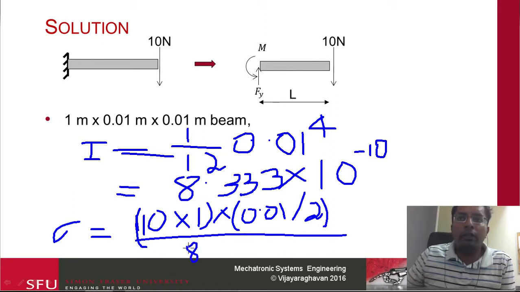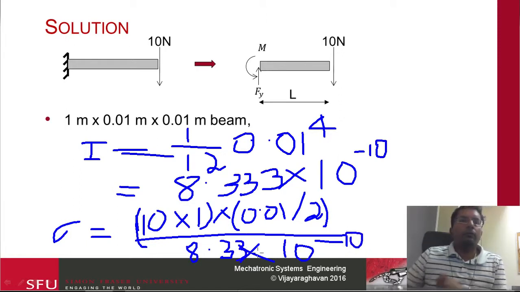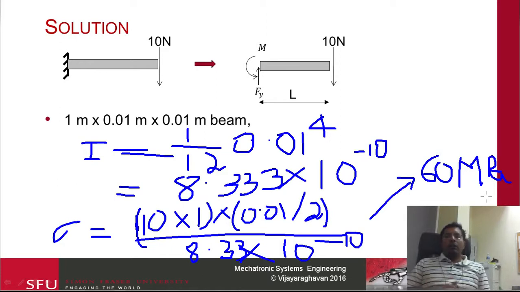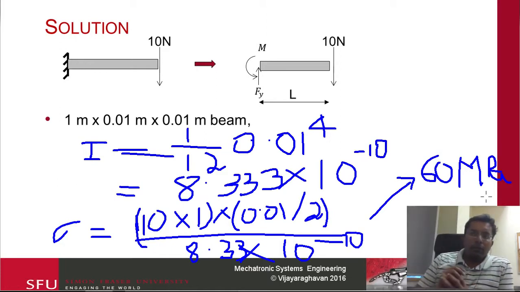So 8.3 times 10 to the minus 10. Once we do this, we'll find this to be 60 megapascal. Right, so this is the calculation.